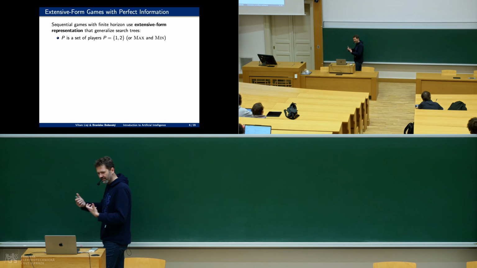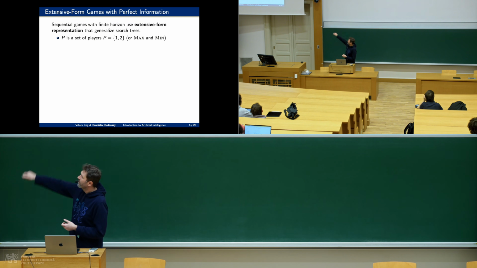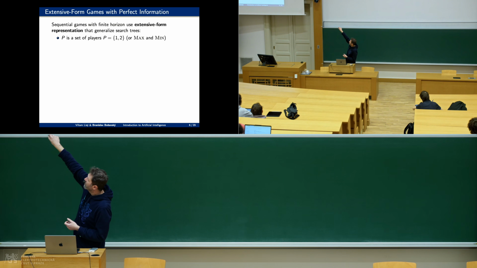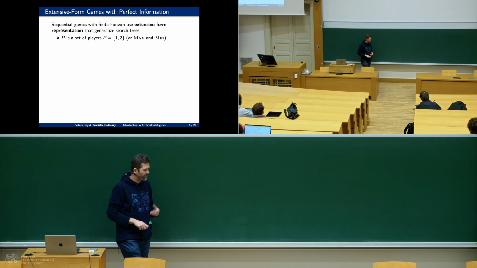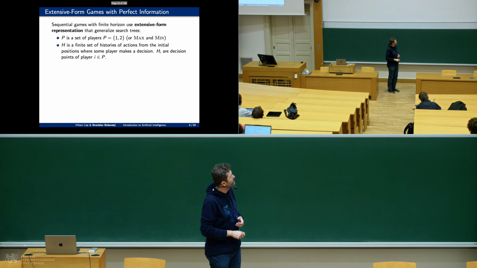The game is strictly competitive. That's why very often you will see that the players are also called max and min. So we assume that the first player is maximizing and the second player is minimizing the utility.